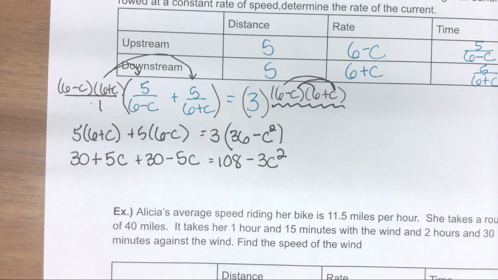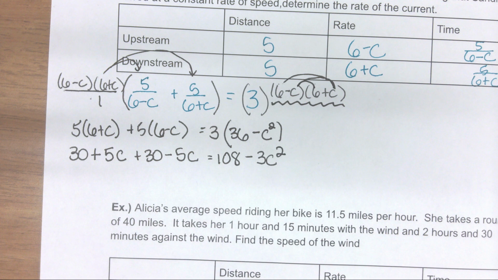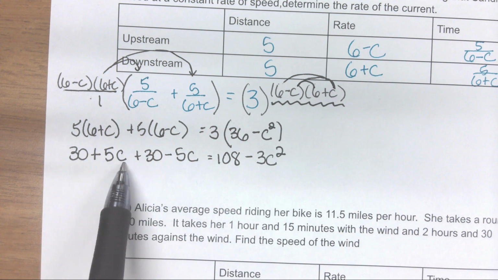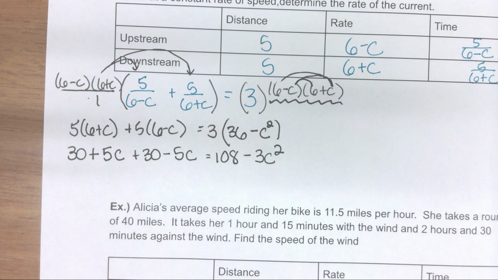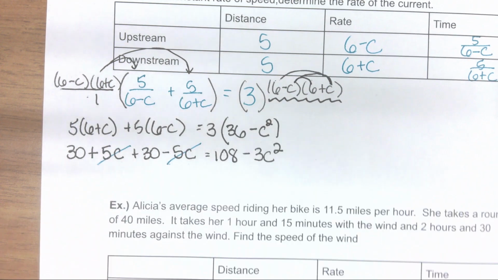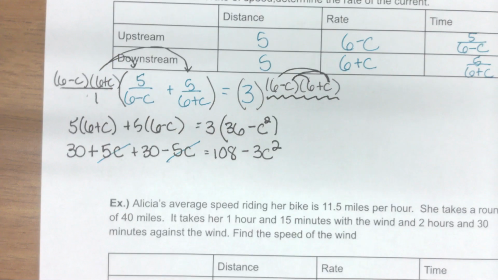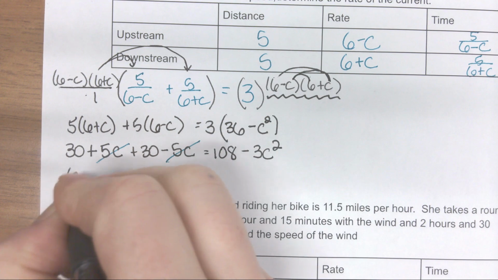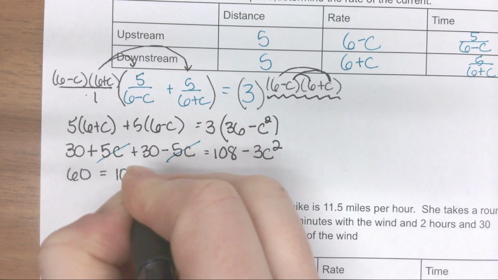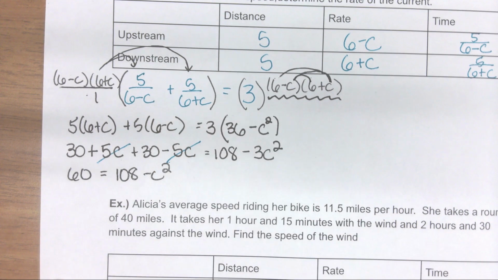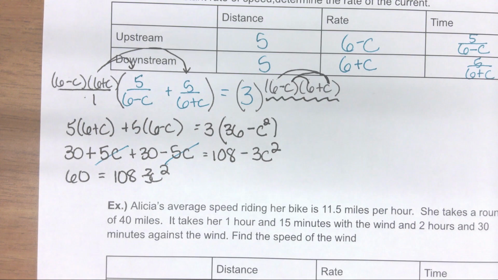Do you notice anything that cancels out? Which one? 5c and minus 5c. So what do I have left on that side now? 60 equals 108 minus 3c squared, sorry. All right.